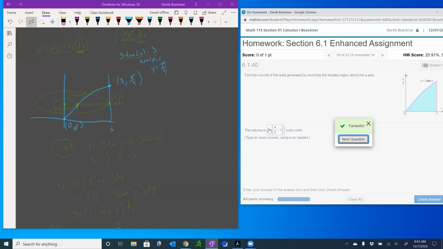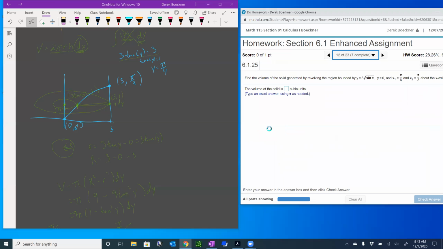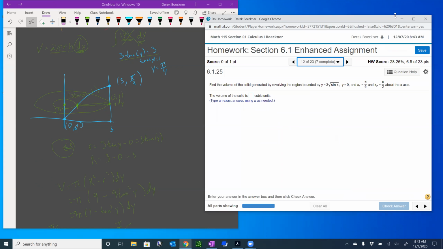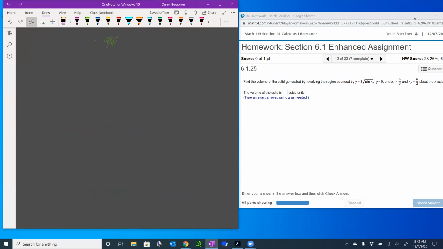Let's look at number 12. So y equals 3 times the square root of the sine of x.